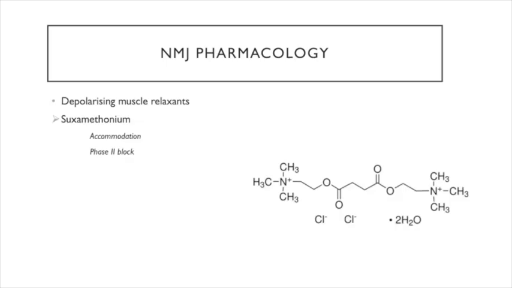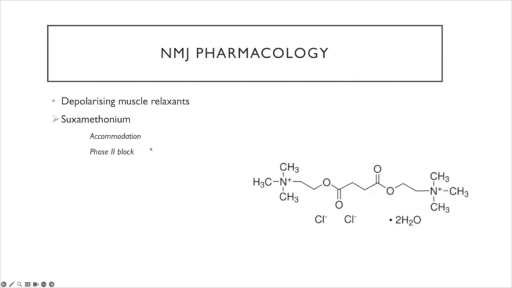But when you give large doses or an infusion of succinylmethonium, you'll get a fade, which means there will be a progressive decrease in the twitch height that you obtain when you apply a nerve stimulator to the patient. The reason this occurs is postulated to be an alteration in the sodium-potassium ATPase pump.